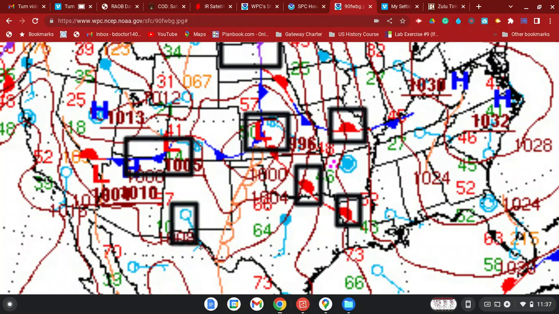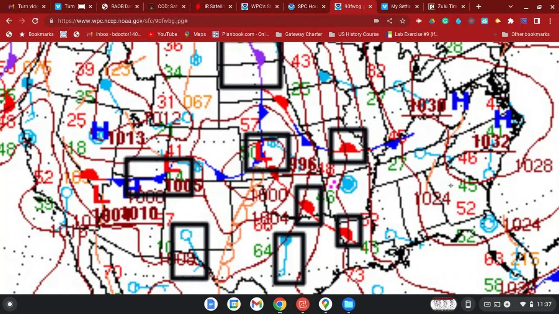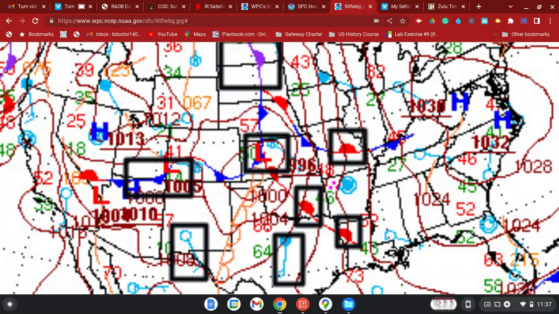Sometimes on a map you'll see what are called wind barbs. The wind barbs are very important because they're another piece of the puzzle that tells us what's going on in an area. These wind barbs are directional, meaning they show you the direction the wind is coming from and going to.